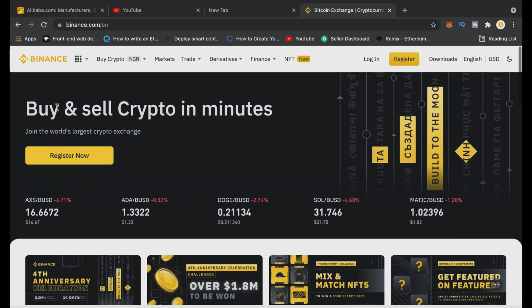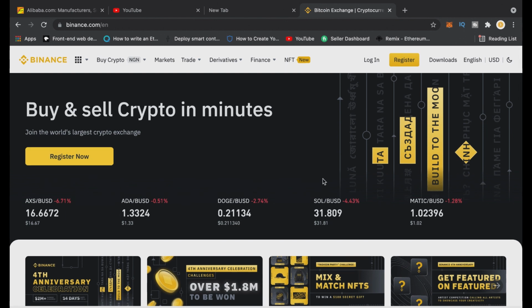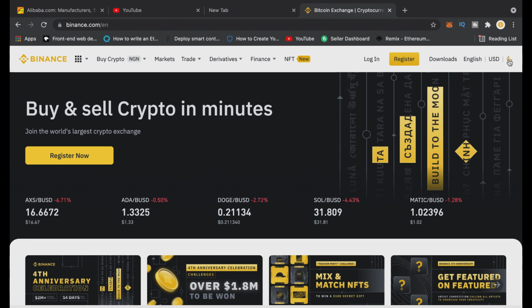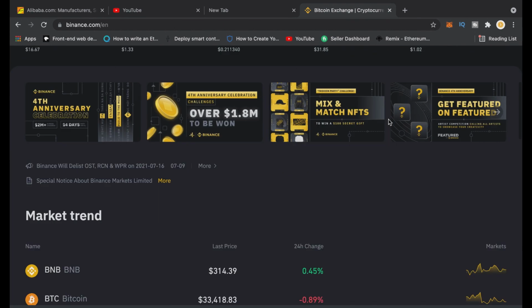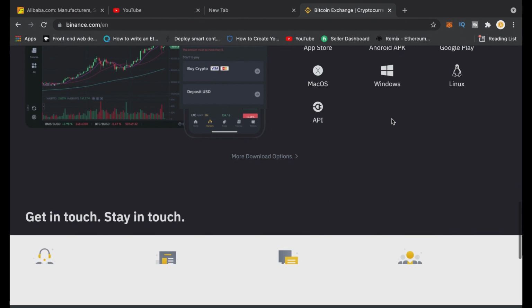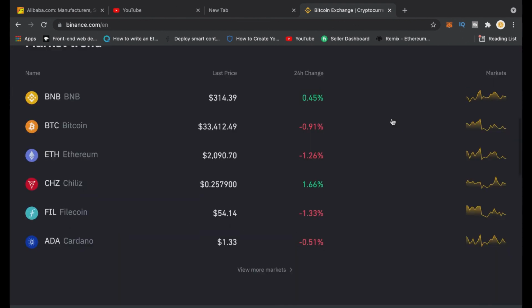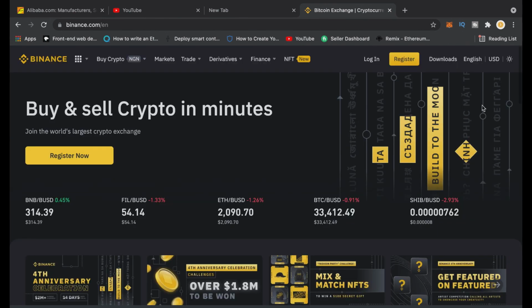So here you just say buy and sell crypto in minutes, register, and the stuff like that. So now if I want to change this platform into night mode, this is the button here. I can just click this and then everything turns black, right? Everything turns dark. Sorry. So now you see everything is dark, and here is just language.